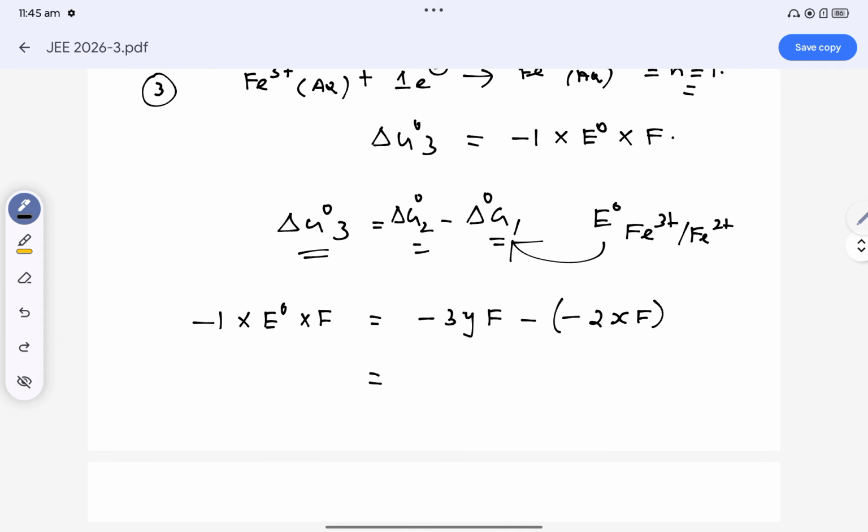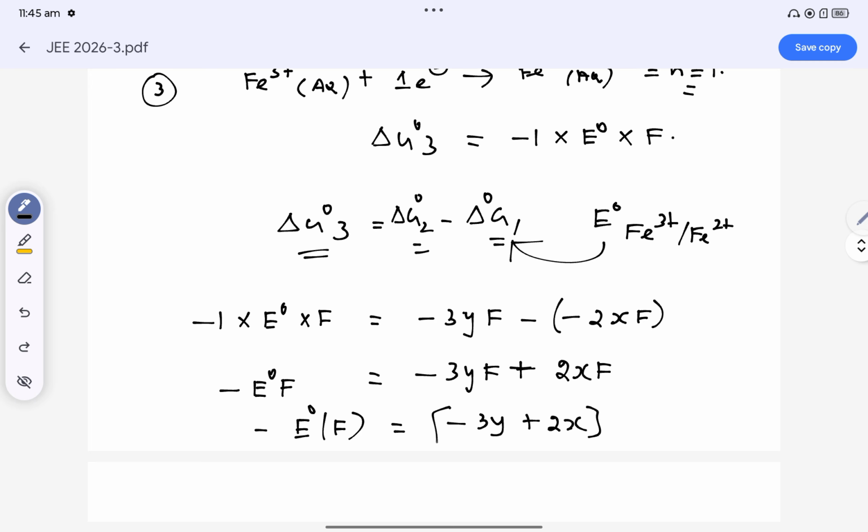You just do this conversion: minus 3YF plus 2XF equals minus E naught F. Taking F outside, we get minus 3Y plus 2X, and F will be cancelled.